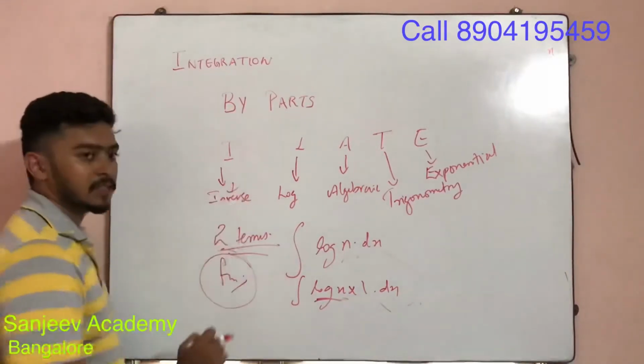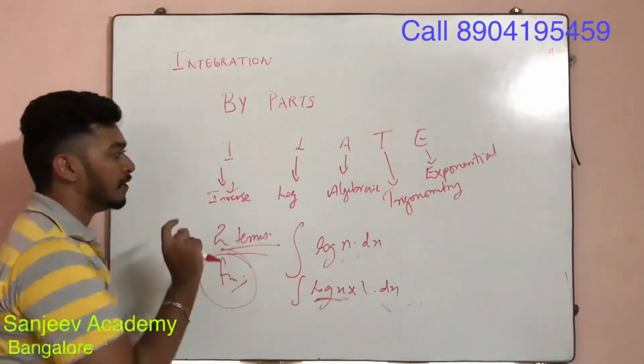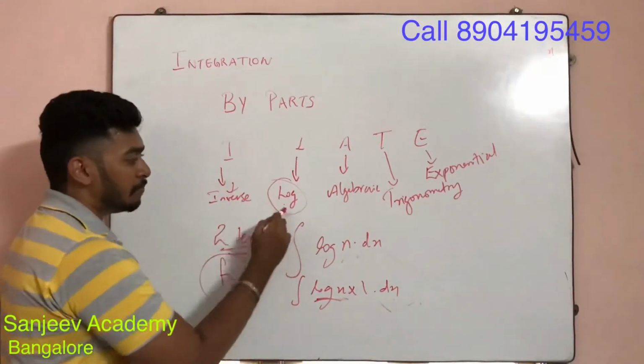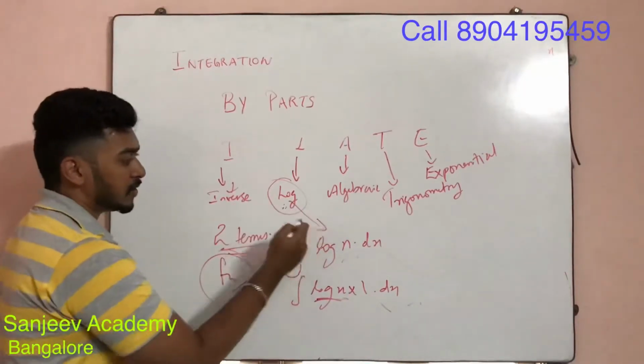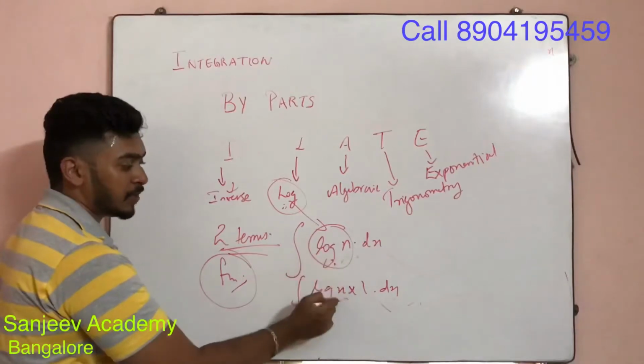I is inverse, so first preference should be given to inverse. This is a preference method. Then logarithmic. So for example, this log x is logarithmic, so first preference should be given to this.